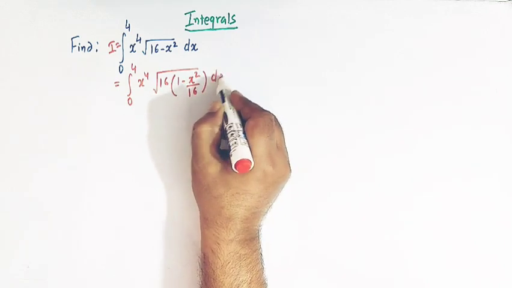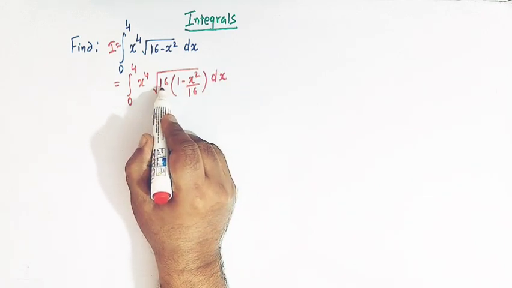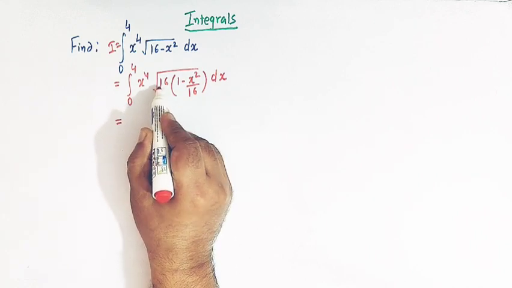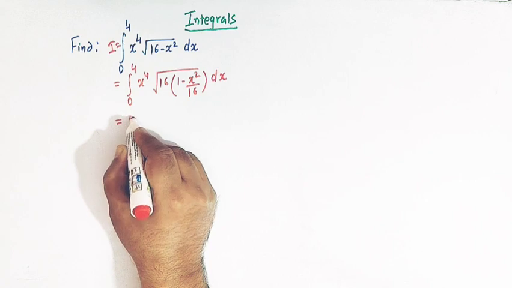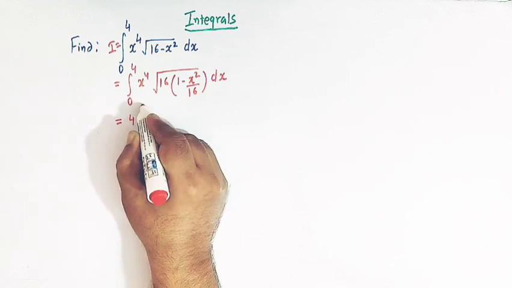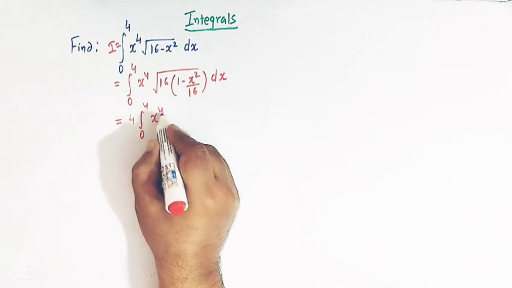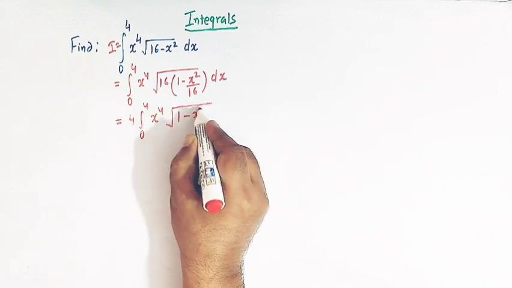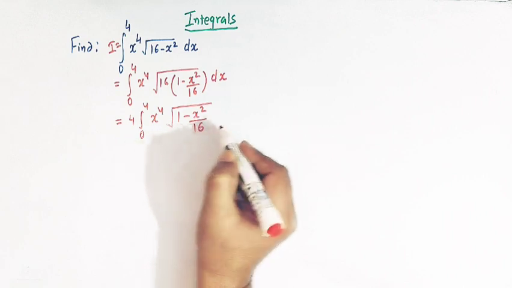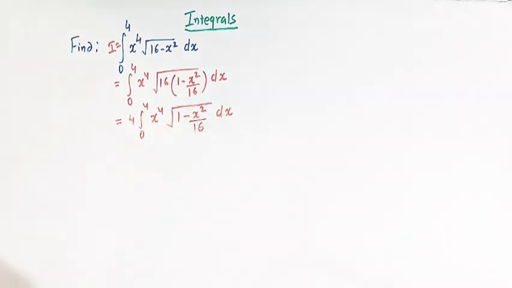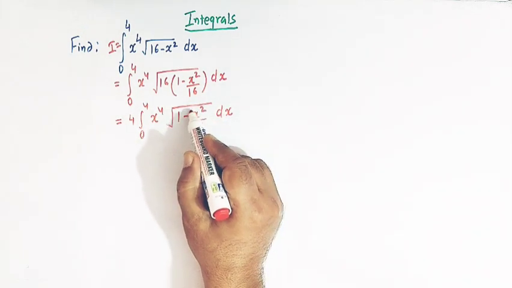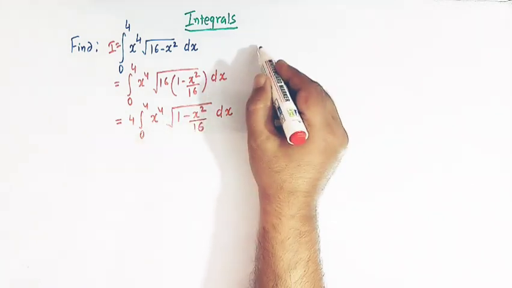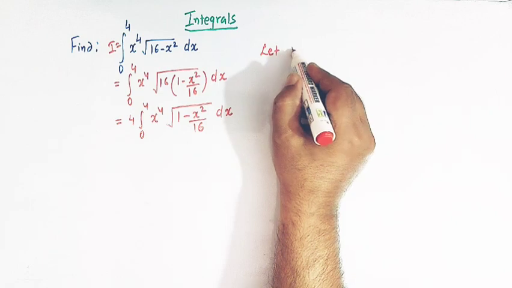Then we can take the square root of 16, which is 4, outside the integral sign. So we have 0 to 4 of x raised to 4 and the square root of 1 minus x square over 16.